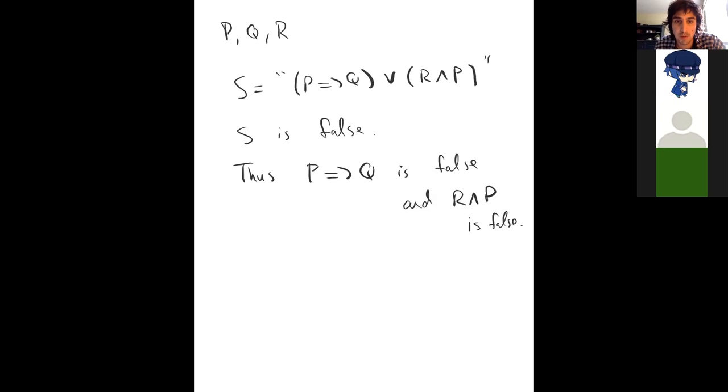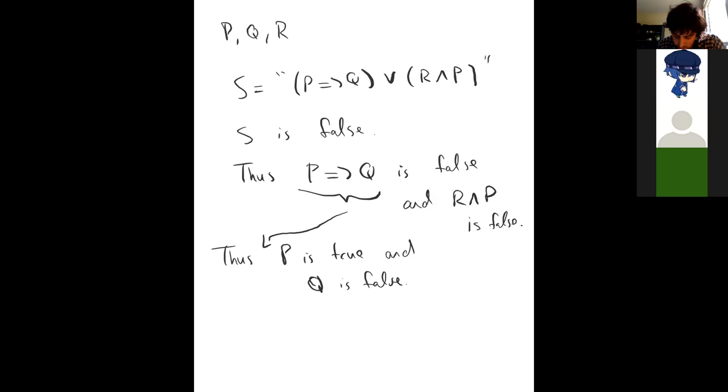There's only one way that P implies Q can be false. How can P implies Q be false? When Q is false. And what else? Yeah, perfect. Thus P is true and Q is false. P implies Q is false implies that P is true and Q is false.